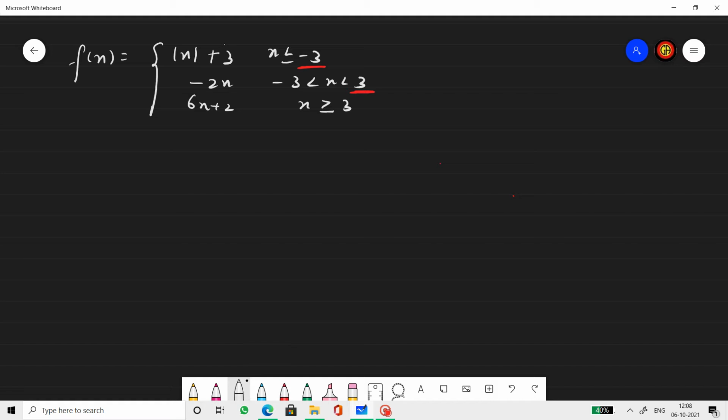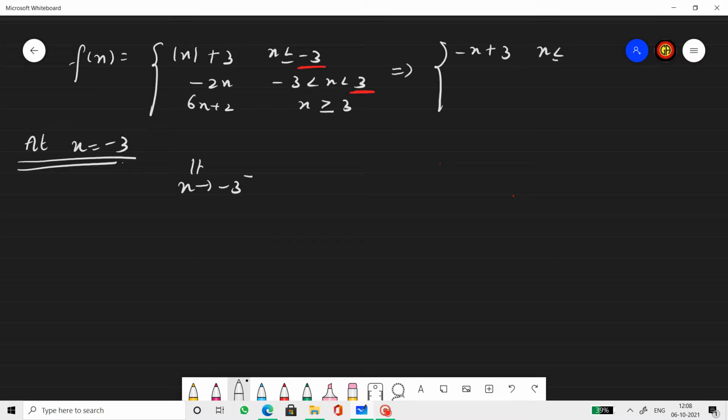So at x equal to minus 3, limit x tends to minus 3 minus will be, okay, let me just split the mod function and write it as minus x plus 3 when x is less than or equal to minus 3, and minus 2x when it is between minus 3 and 3, and 6x plus 2 when x is greater than or equal to 3. That is how we define the mod function, isn't it?